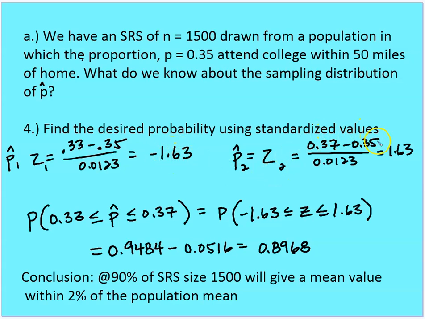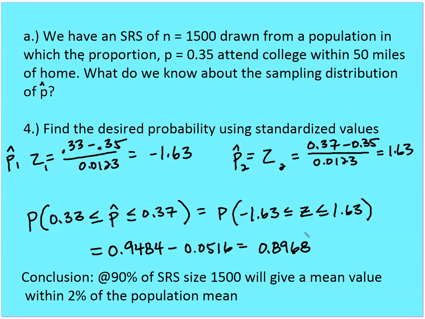And similarly, we have a positive 1.63 for the upper end limit. And so we can evaluate what percentage of the values are going to fall between 0.33 and 0.37 based upon our z-scores of negative 1.63 and 1.63.